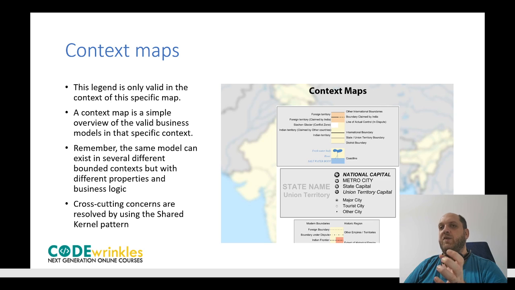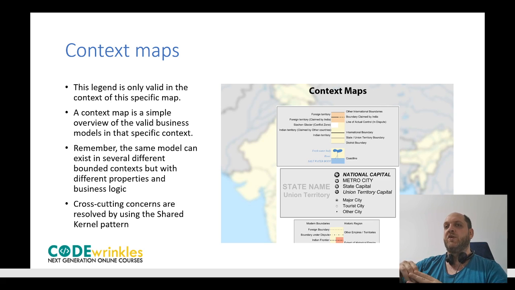And this is why these context maps are very important, because a newer developer on the project can simply look into those context maps and notice, okay, in this context, the user means these properties and this behavior.